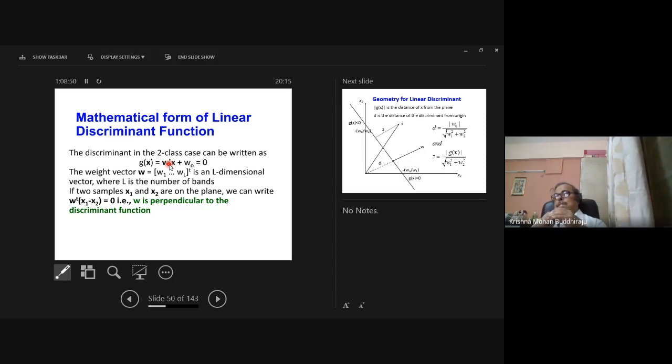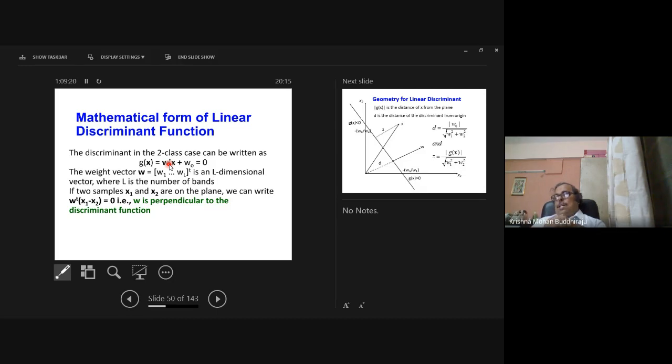So my job is, given the training samples, to compute the parameters of the discriminant so that my data is classified into two classes by producing a positive response for one class and a negative response for the other class.